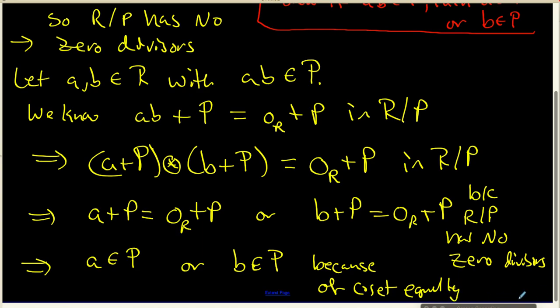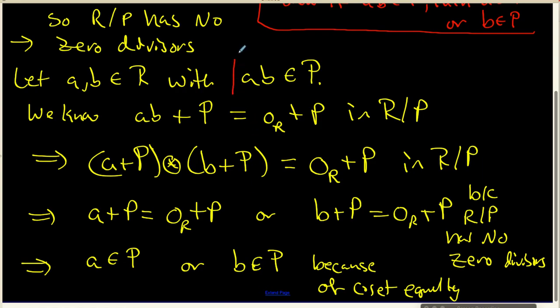And those comments at the beginning of the video were about when two cosets were equal and what the zero inside R mod P is.